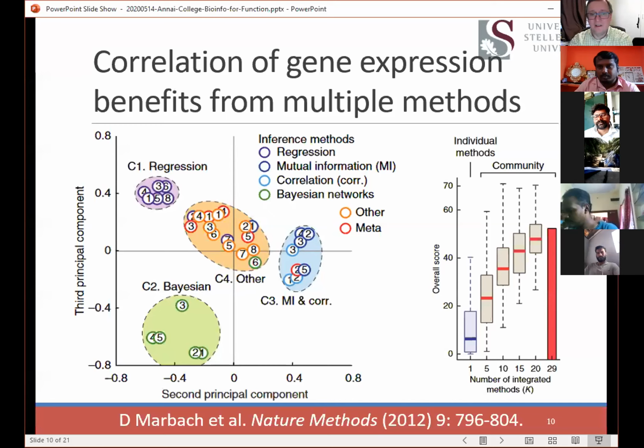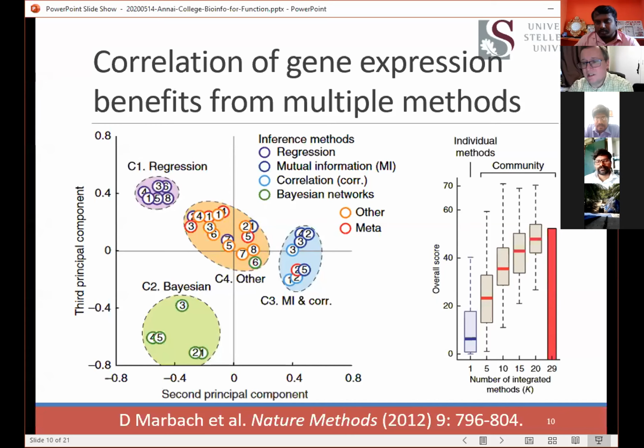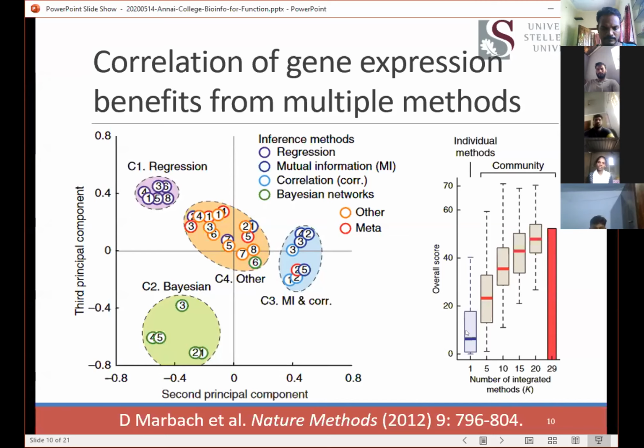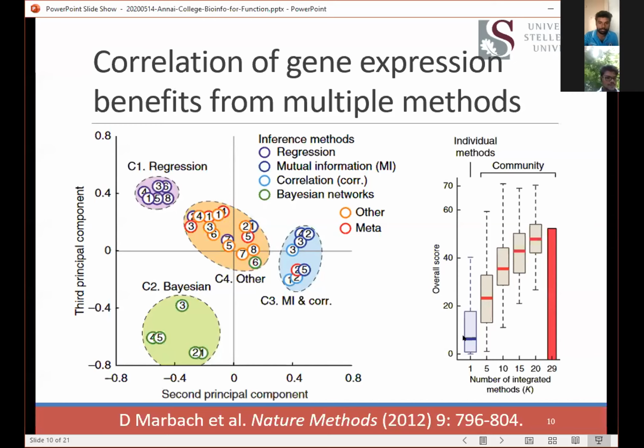And having run a regression-based tool on the data set and then run a mutual information-based tool on the data set, combining those together is likely to give you better data as a result. So in this case, if we look at the performance of an individual engine for analyzing a microarray, we see that the performance is relatively low.